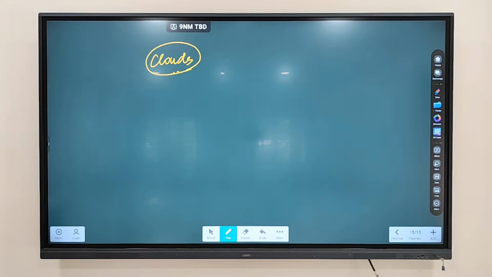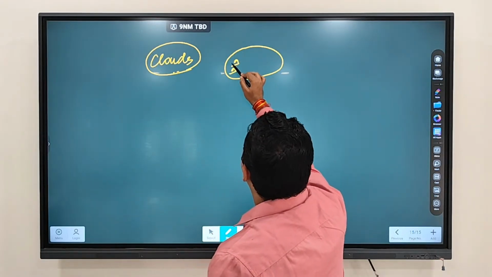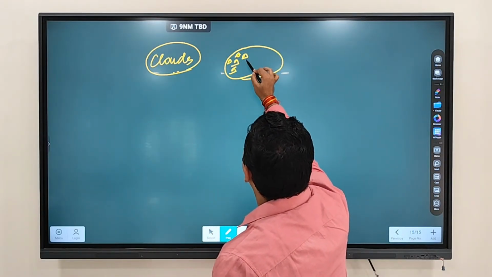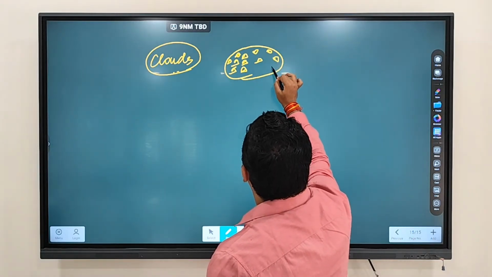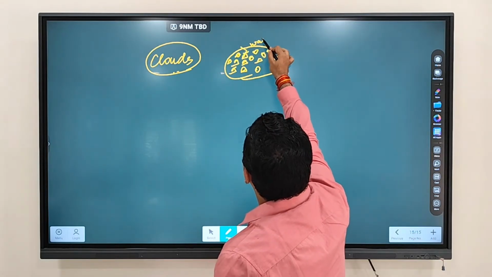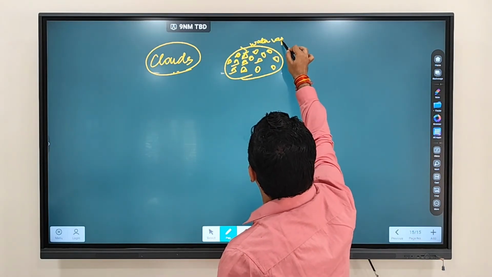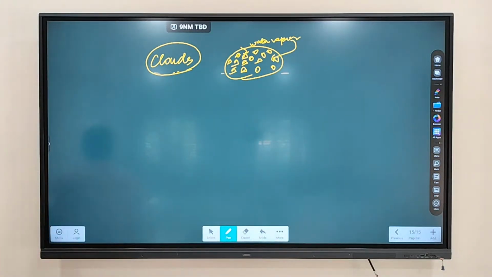So a cloud can be defined as a collection of many ice crystals. When water vapor condenses into these ice crystals, it is going to form the clouds.